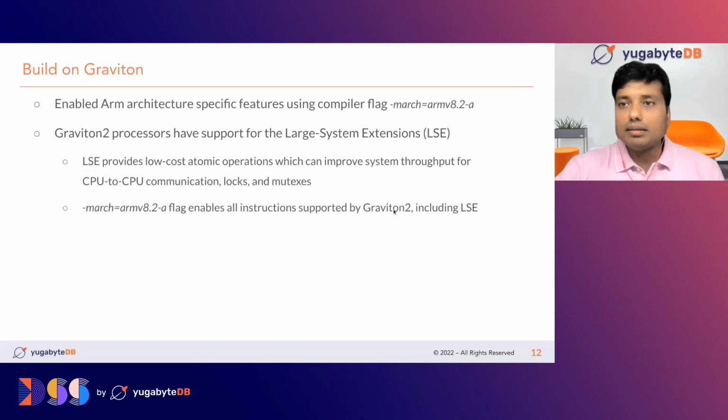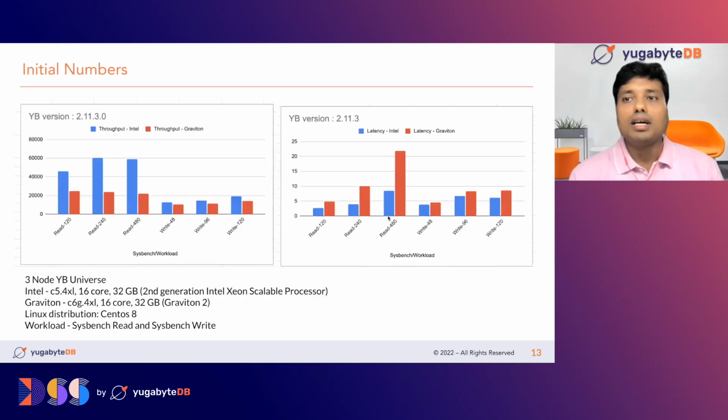Once we had a build on Graviton, the next thing was to check the performance of Graviton versus the earlier instances that we were using regularly. So we started benchmarking Intel versus Graviton instances.